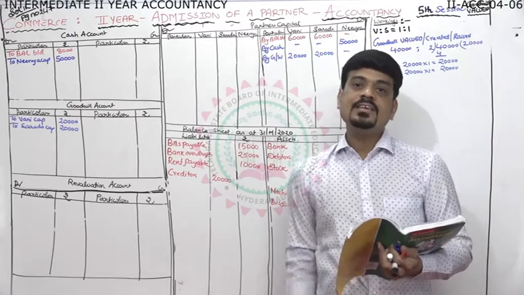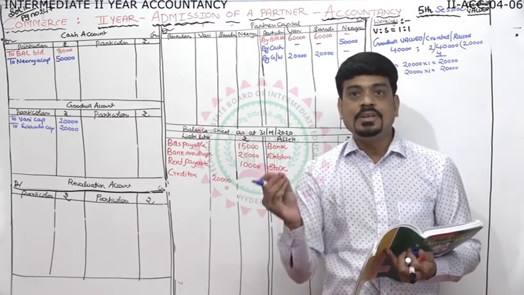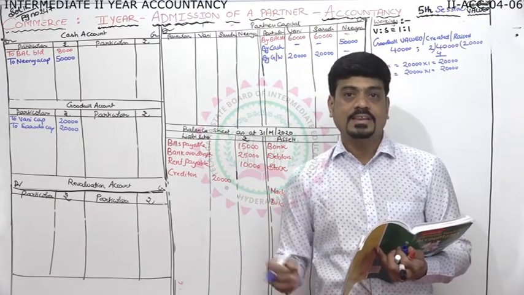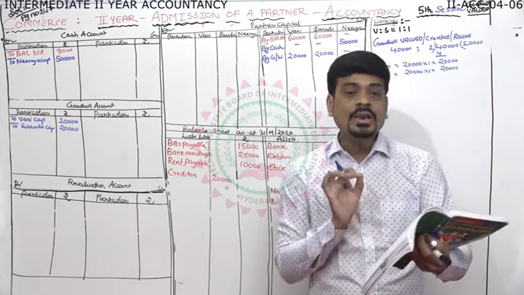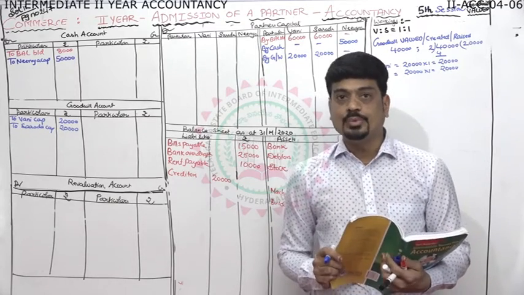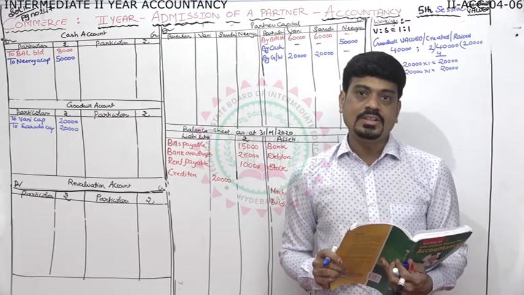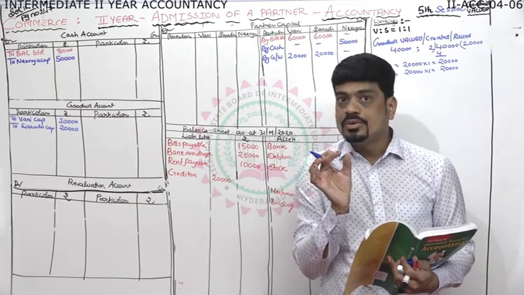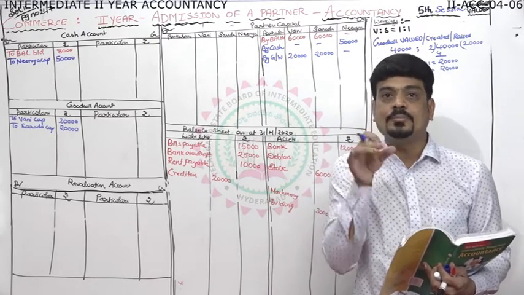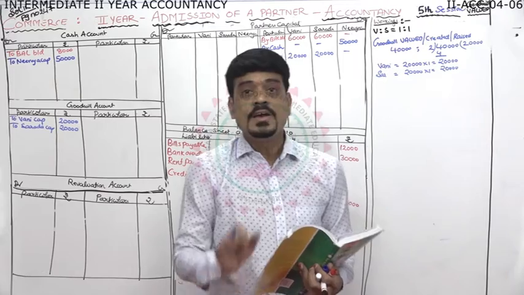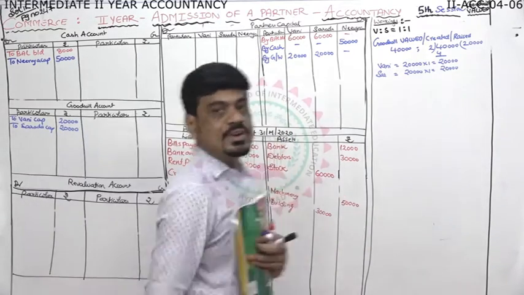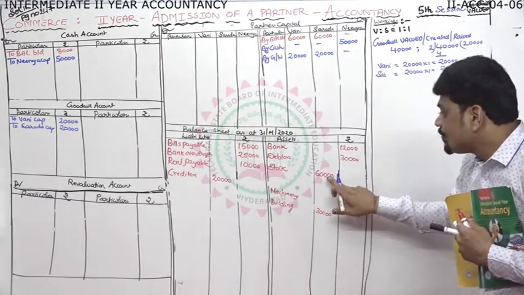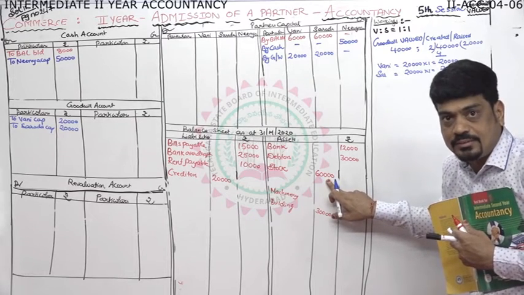So far in the last sessions we saw they gave depreciation 5%, 10% like that. Now if you see here, they gave you stock is revalued at 58,000. Means today's value is how much dear? 58,000. Now we'll compare. What was the stock value given in the balance sheet? 60,000.